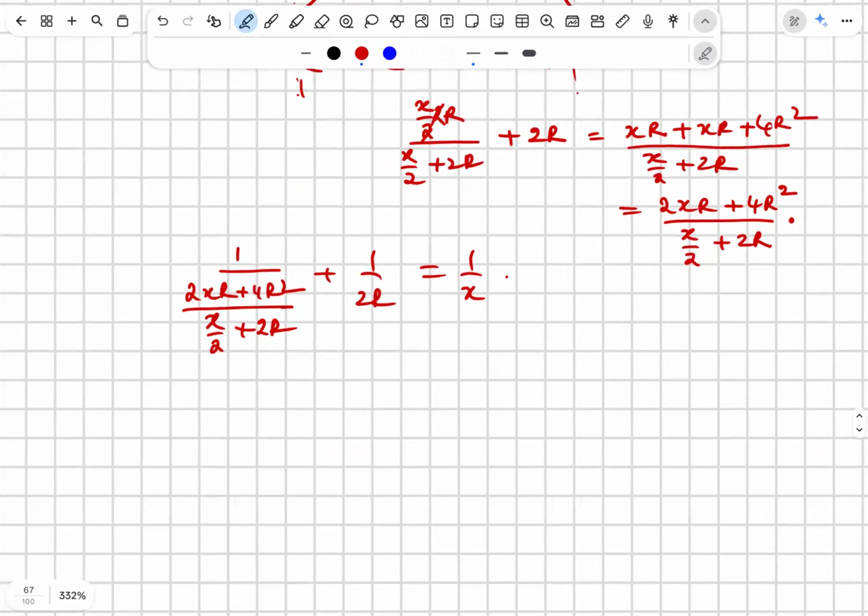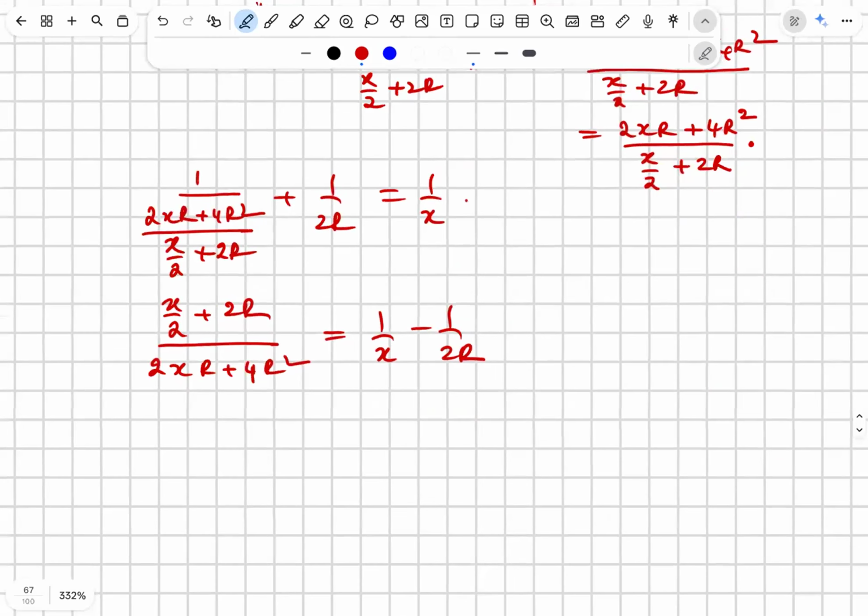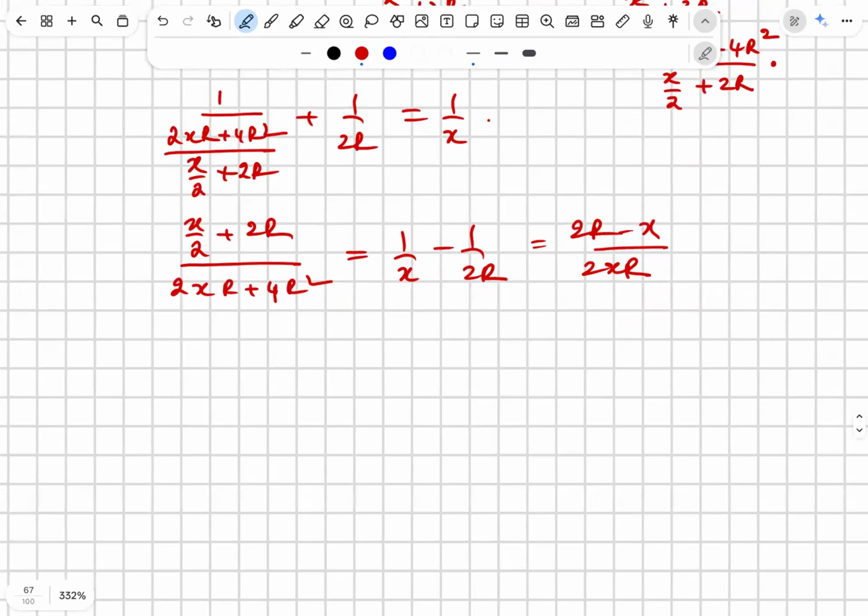Now you solve this, which means x by 2 plus 2r by 2xr plus 4r square is 1 by x minus 1 by 2r, which is 2r minus x by 2 times xr.